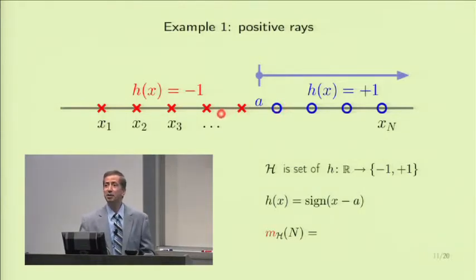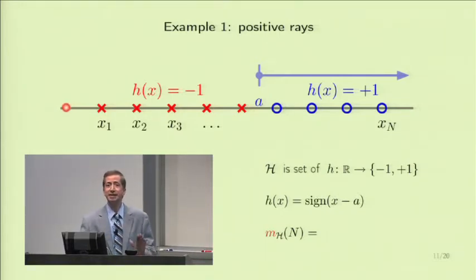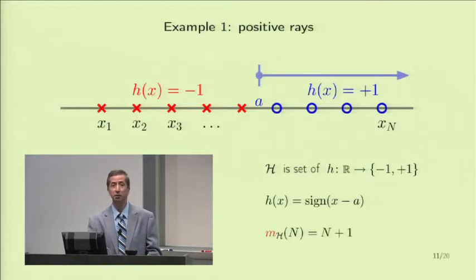How many line segments are there to choose from? I have n points. I have n-1 sandwiched ones, and one here when all of them are red, and one here when all of them are blue. So I have N + 1 choices, and that's exactly the number of dichotomies I'm going to get on n points, regardless of what n is. So I found that the growth function for this hypothesis set is exactly N + 1.